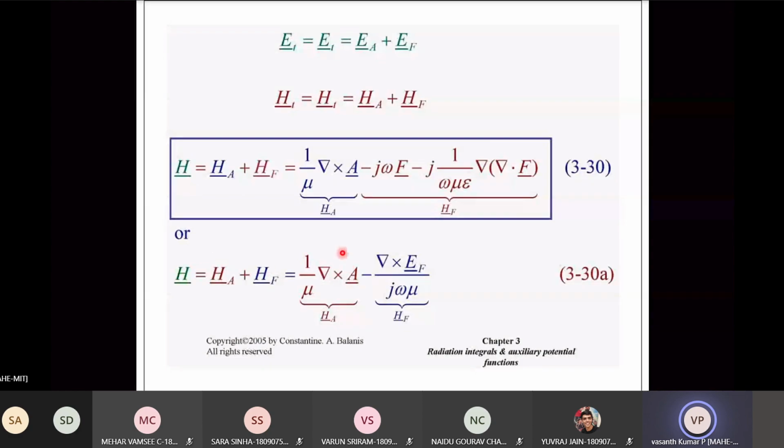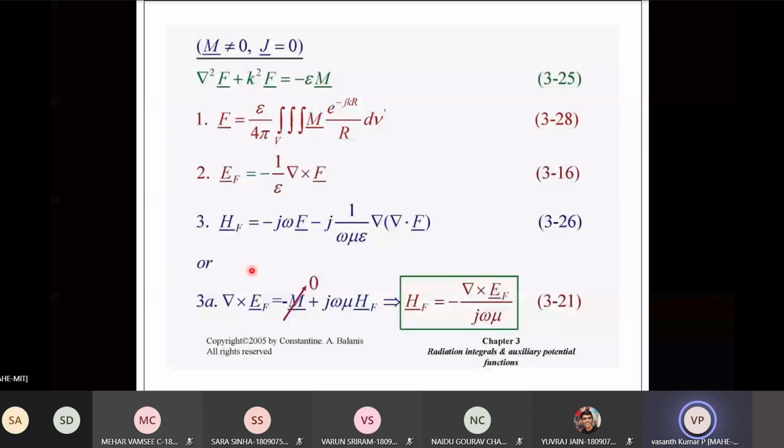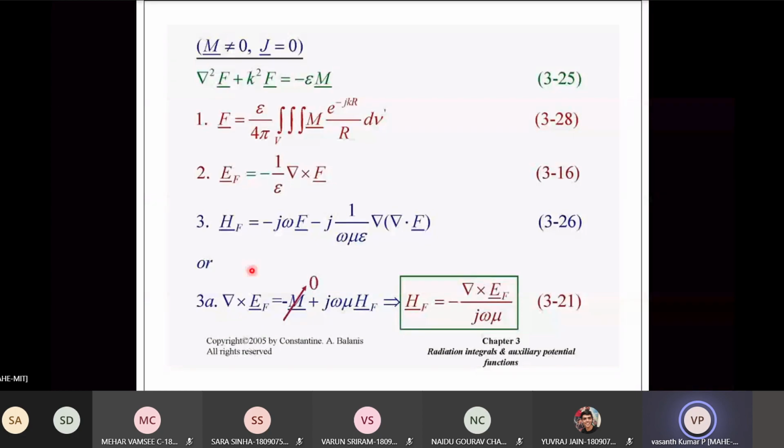We got EA, HA. So you can find it from this equation. It's not a difficult thing. Previously also, if you know EF, you can find HF like this.